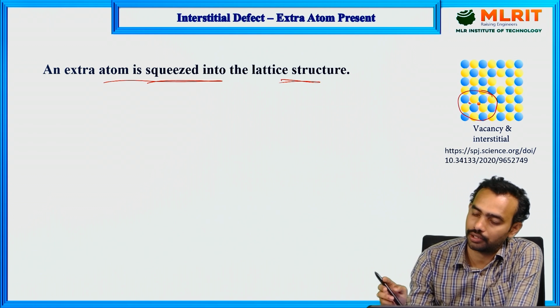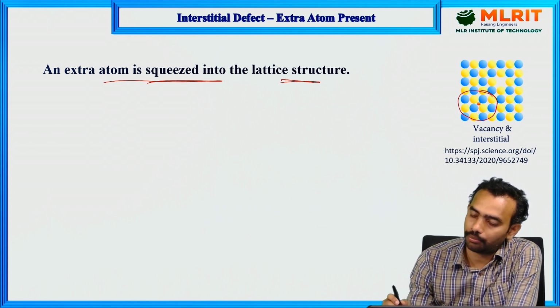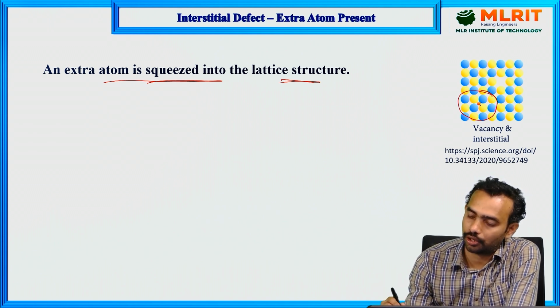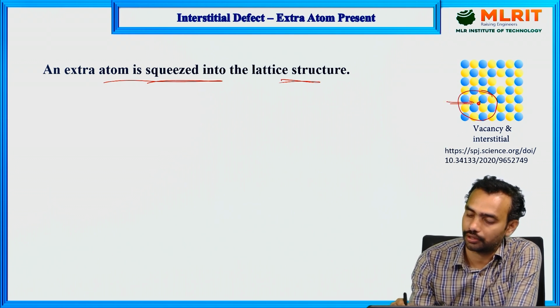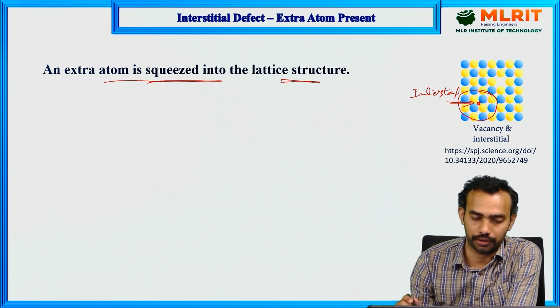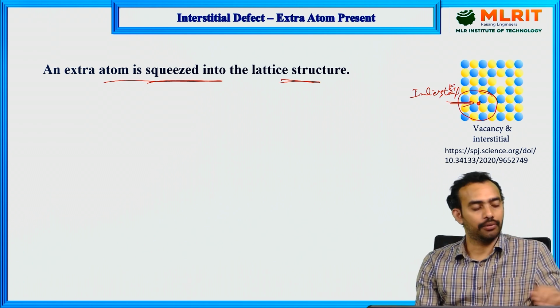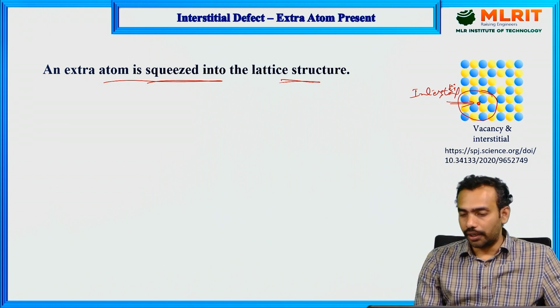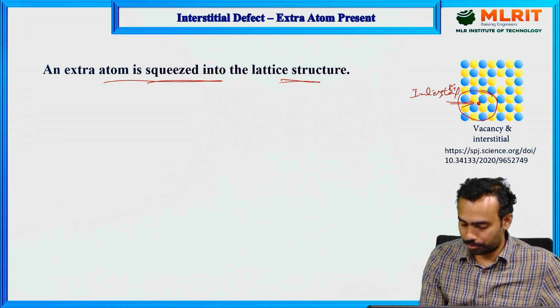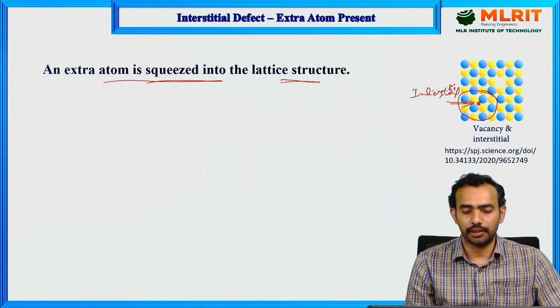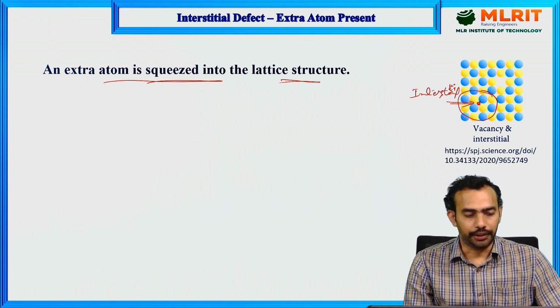If an atom is located in these interstitial sites, this kind of defect is called an interstitial defect. The additional atom squeezed into the regular arrangement of atoms is considered an interstitial defect.